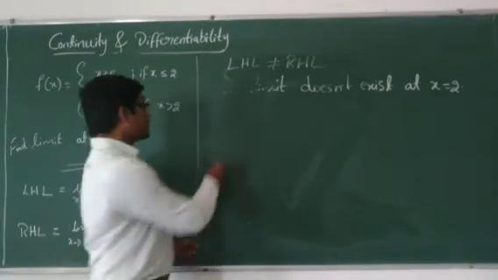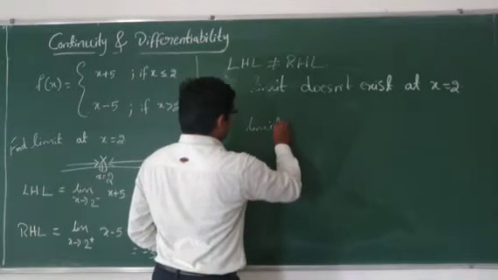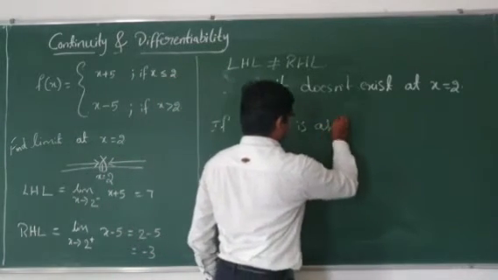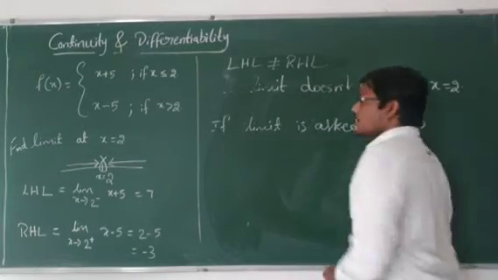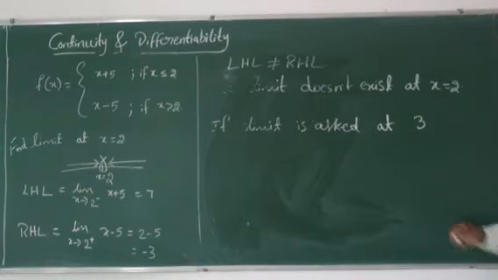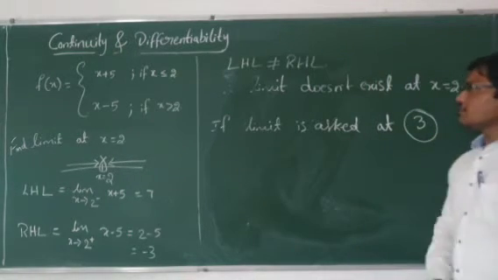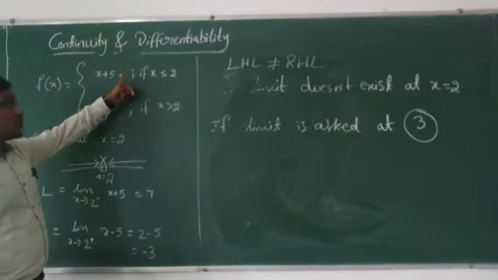Suppose if limit is asked at 3, instead of 2, if you have to find out the limit at 3, observe carefully, at 3 the function is not splitting, okay?